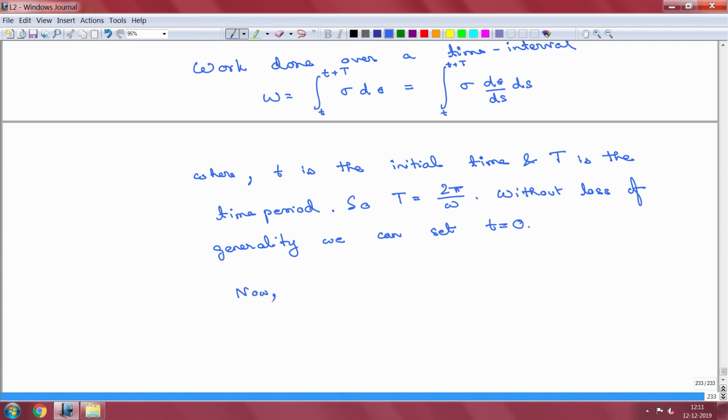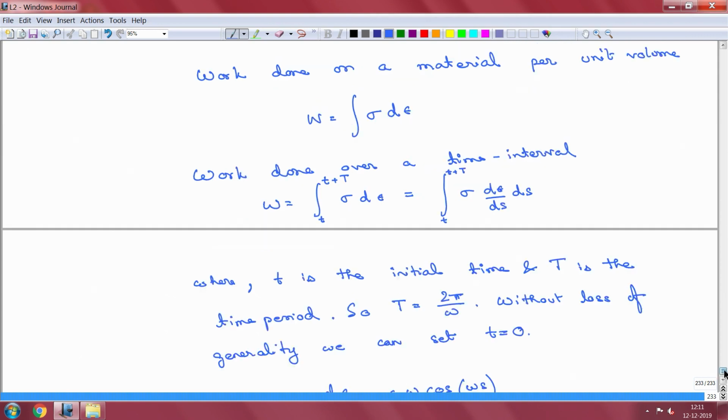Now, this particular form d epsilon by ds should already be known to us, because the input is known to us. So d epsilon by ds is simply epsilon naught into omega into cosine of omega s. But we also know sigma as a function of time, because we have written it down here.